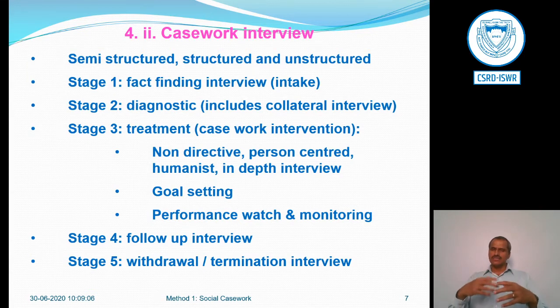So it is just to evaluate the success of the casework, to decide when to terminate, when to withdraw, when to close the case, whether the case is progressing, whether the case has been successfully completed, whether the case is going out of hand, whether the client is not making any progress at all, so that the client may be transferred or referred to other professionals.